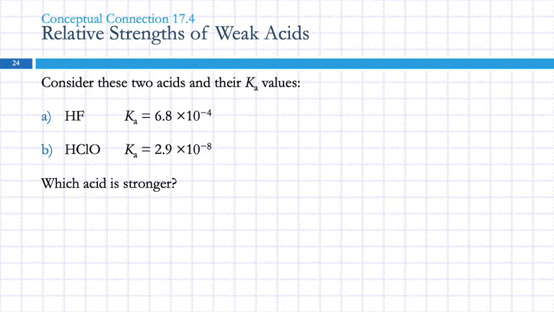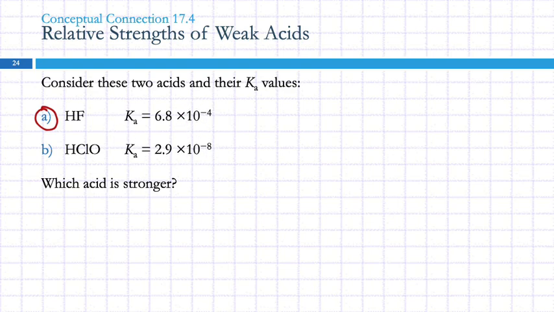Consider these 2 acids and their Ka values. Which acid is stronger? Neither of them are strong, but one is stronger than the other. A is stronger because the Ka is larger. Watch out for these negative exponents.